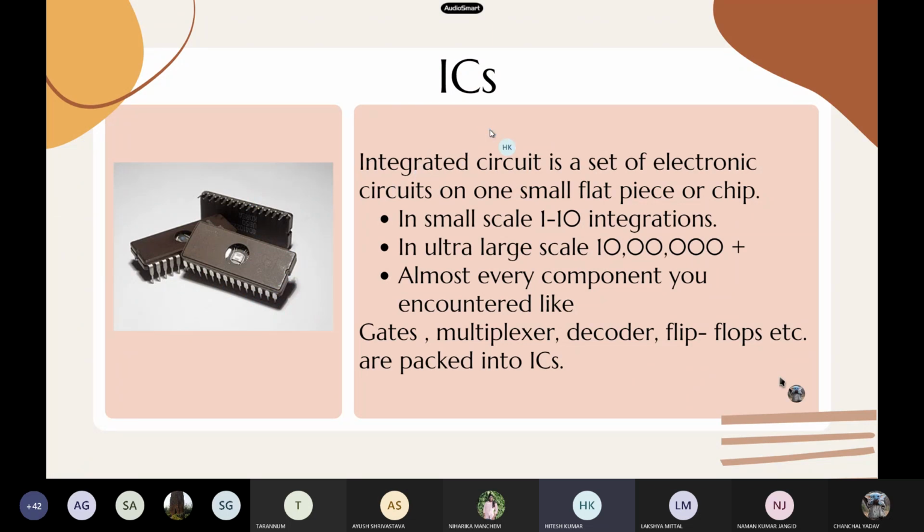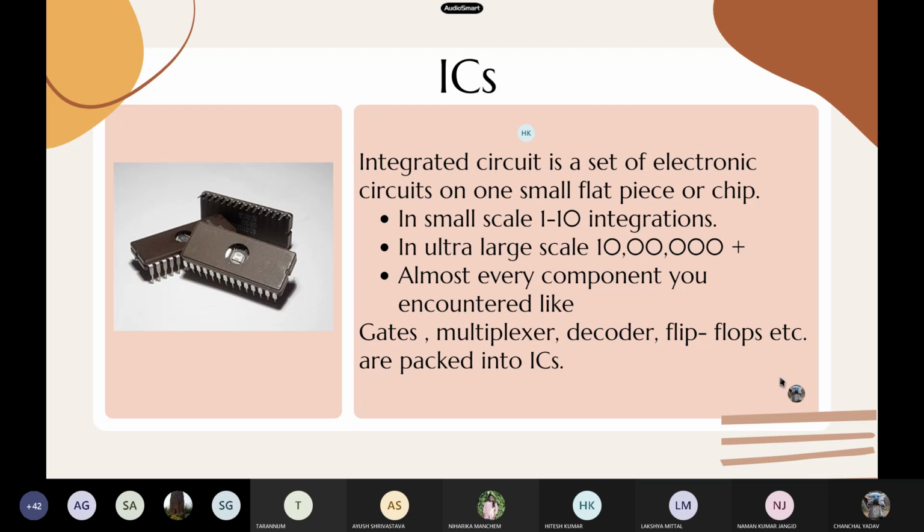An integrated circuit is a set of electronic circuits on one small flat piece, called a chip. In a small level of integration, up to 10 circuits can be implemented in a single chip.